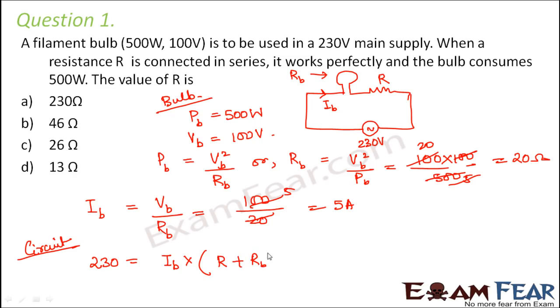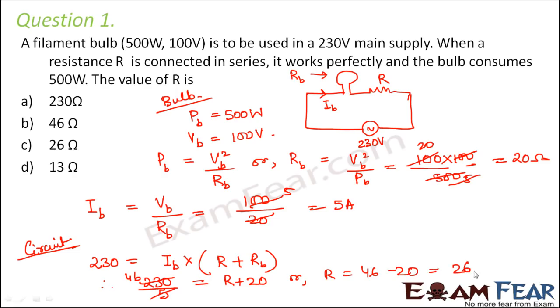So from this we can say 230 divided by I, which is 5, is equal to R plus RB, which is 20. Or we can say R plus 20 is equal to 230 by 5. So this is equal to 46. So R will be equal to 46 minus 20, that is equal to 26 ohms. So the correct option is C.